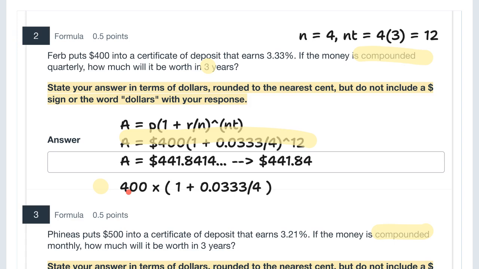Then I hit the exponentiation key, which on my calculator looks like x to the y, and let me make my exponent here.